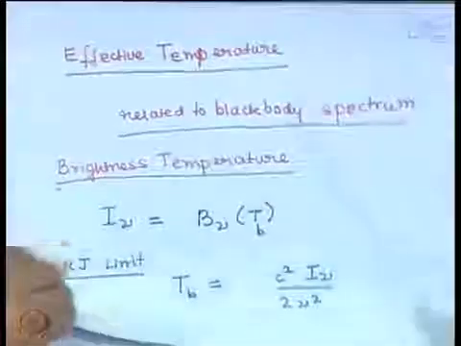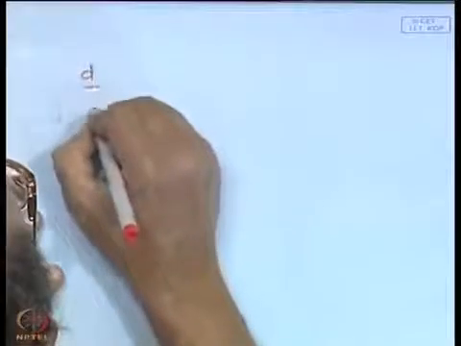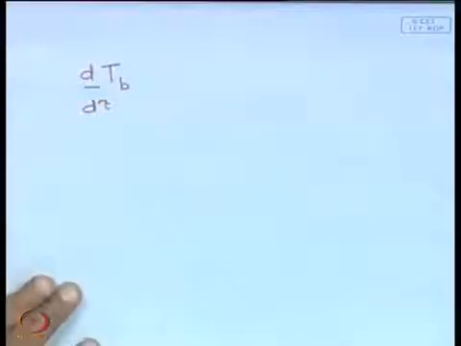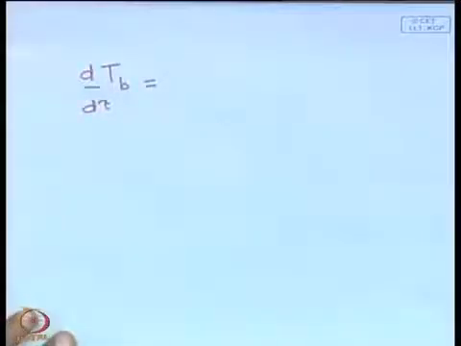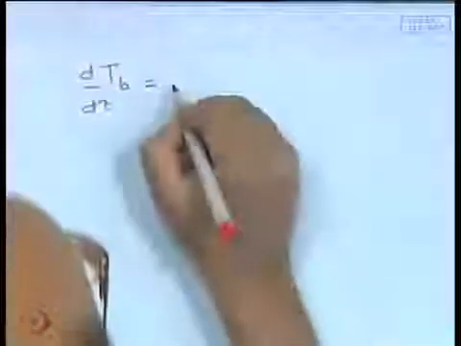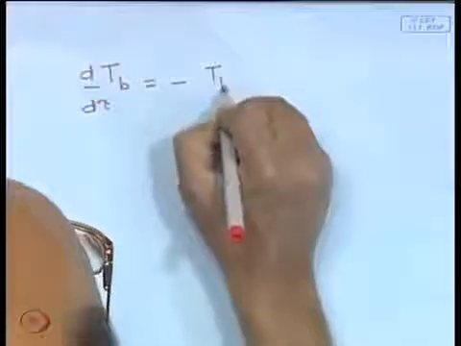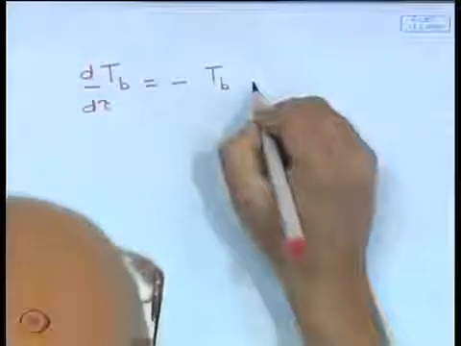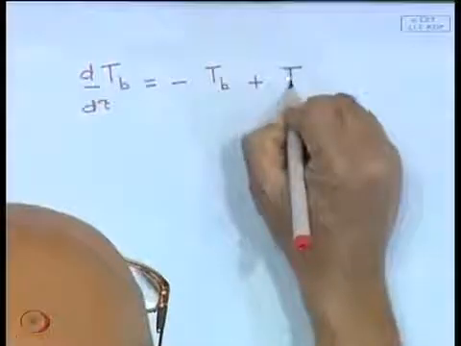So, the radiative transfer equation becomes d by d tau of the brightness temperature is equal to, the specific intensity now replaced by brightness temperature, with all these multiplicative factors which will appear throughout, equal to minus Tb plus the temperature of the source.